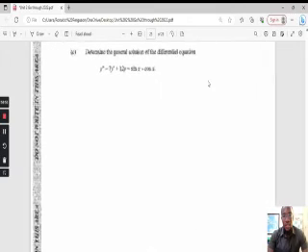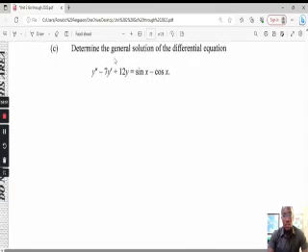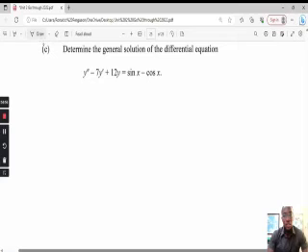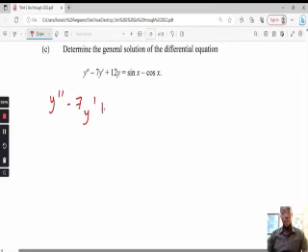The next part says determine the general solution of this second order differential equation. When we're doing this second order differential equation, first we solve the homogeneous part. So we're going to be solving y double prime minus 7y prime plus 12y equals 0.